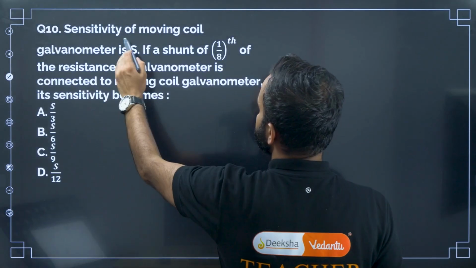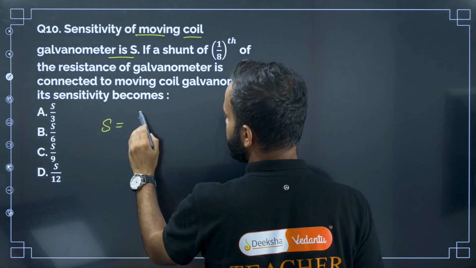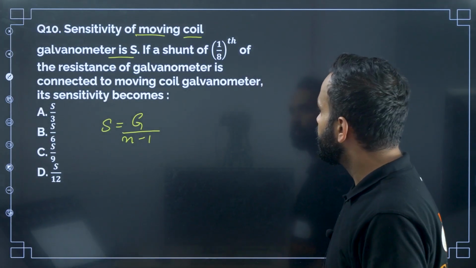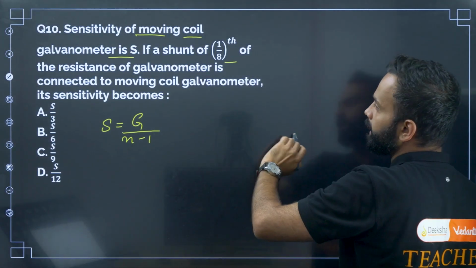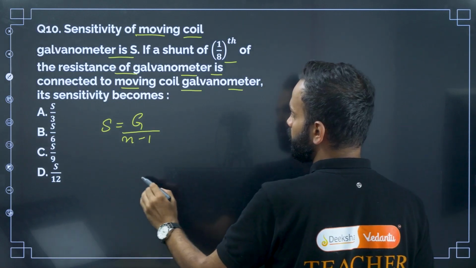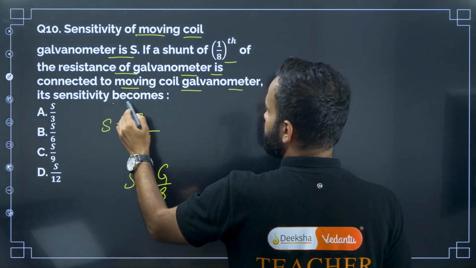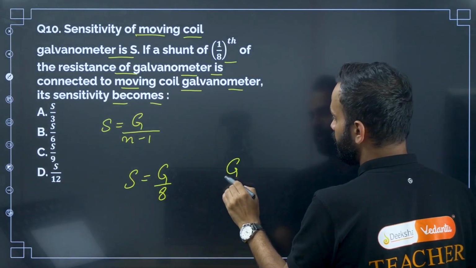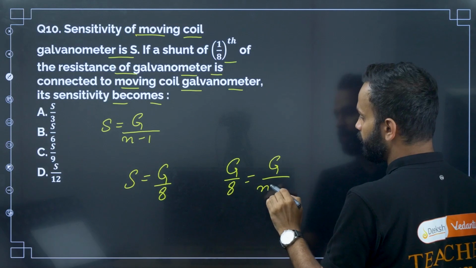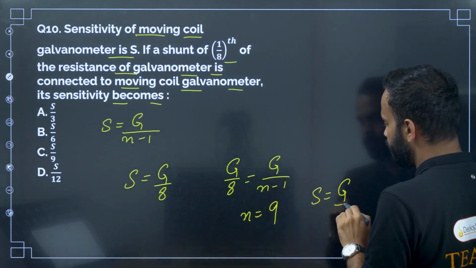Question number 10. Sensitivity of a moving coil galvanometer is S, that is S equal to G divided by N minus 1, where N is the range of the galvanometer. If a shunt of 1 by 8th of the resistance of the galvanometer is connected, that is S is also equal to G by 8, then G by 8 is equal to G divided by N minus 1, so N equals 9.